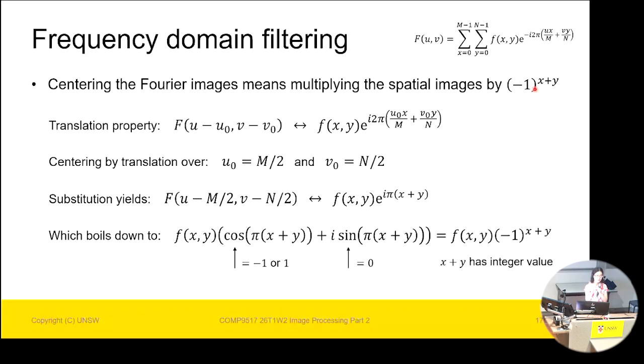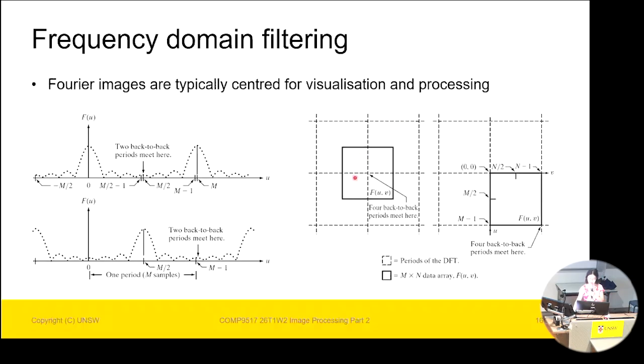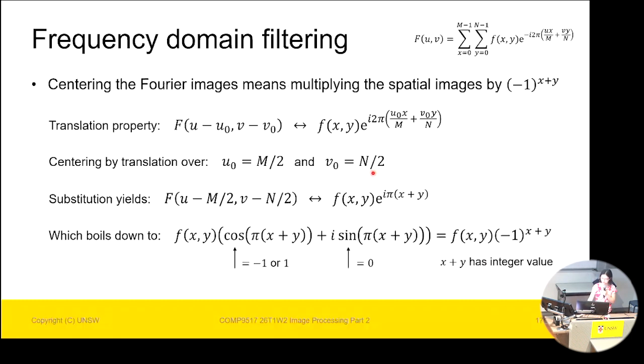If you think about that, you are definitely changing how the image looks. But the effect is that after this operation, if you do the Fourier transform on this image, you will get this centered matrix automatically, so you don't have to consider how to shift it.